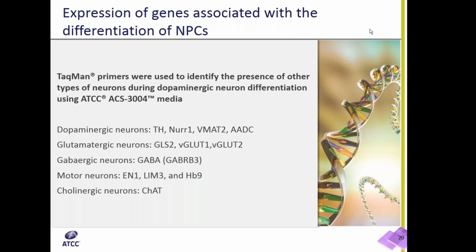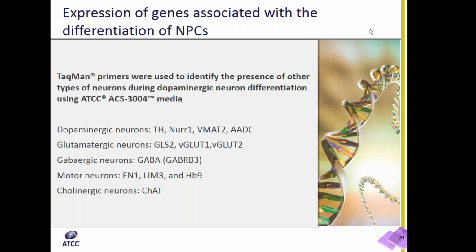Therefore, we couldn't ignore the idea that other mature neural types could be found among our differentiated dopaminergic neurons. Aside from dopaminergic neurons, we tested for the expression of markers of glutamatergic, GABAergic, motor, and cholinergic neurons.